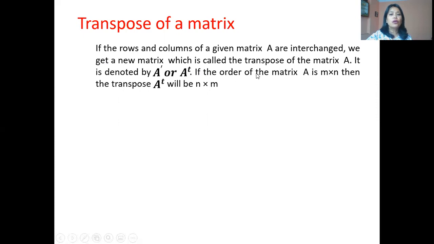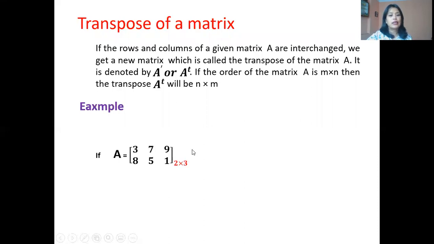If the order of the matrix A is m by n, then the transpose of A will have the order n by m.